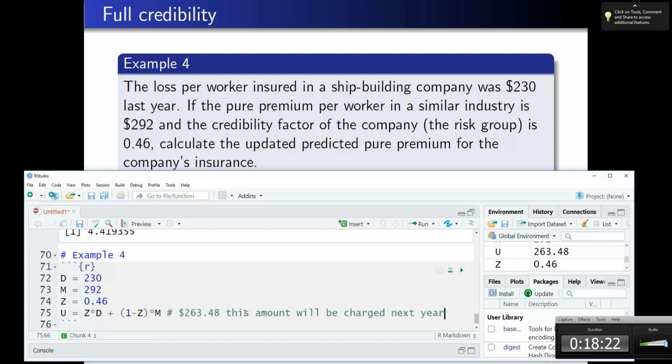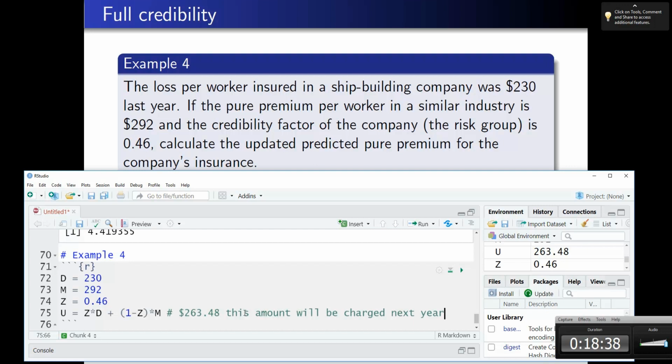So U is always the experience measure D and the manual rate M. The closer Z factor to 1, the closer the updated predicted value U to the observed value D.